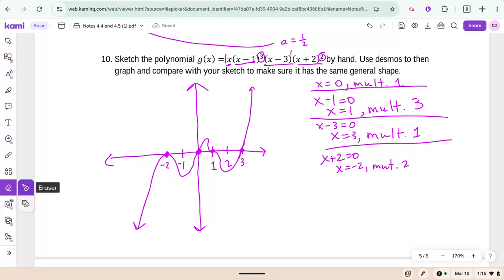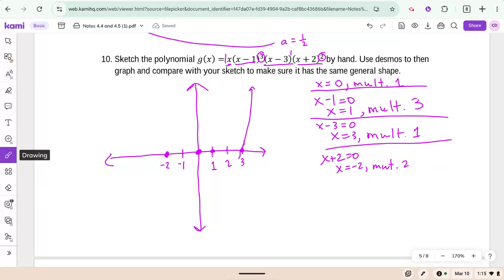Now, I realize that is not very pretty. In fact, the worst part is this in here. Whoops. Let me see if I can do that a little bit better. So here's what it's going to look like. It's going to kind of come up through here.